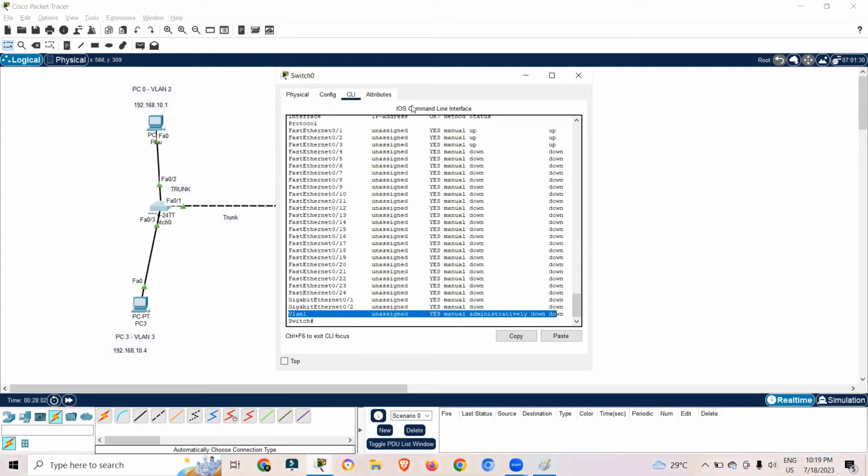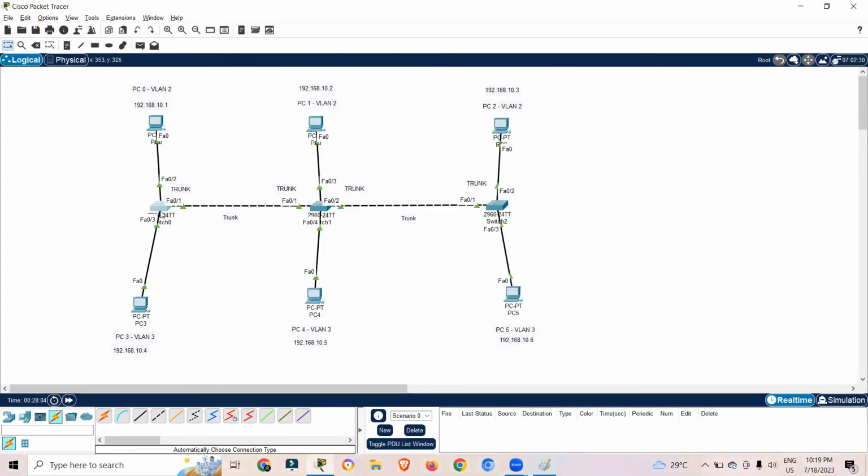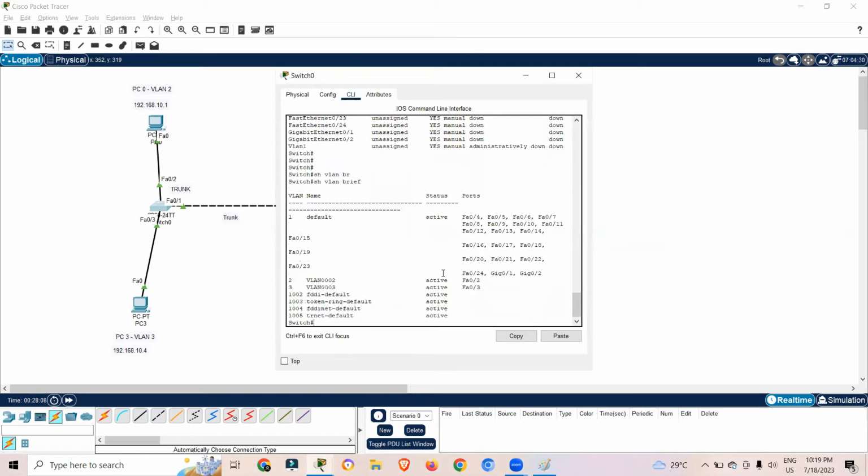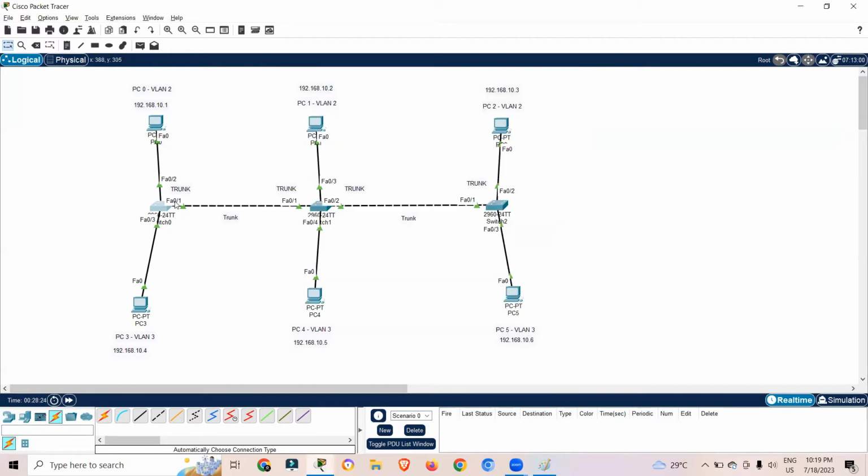Let me check the status of VLAN. Show vlan brief. You can see that FA 0/2 and FA 0/3 are part of VLAN 2 and VLAN 3.